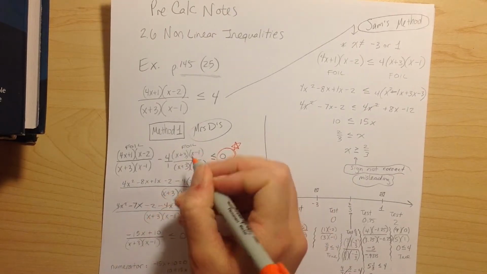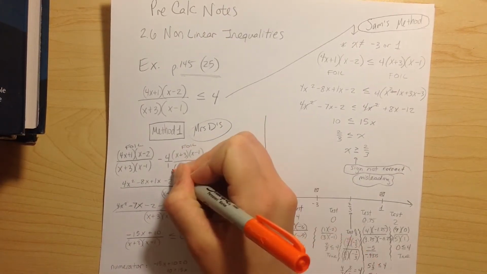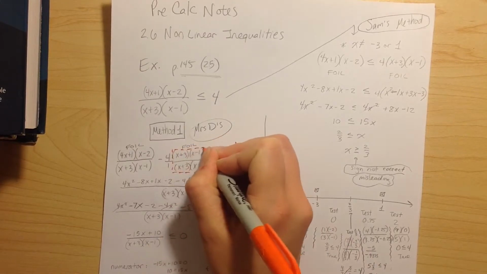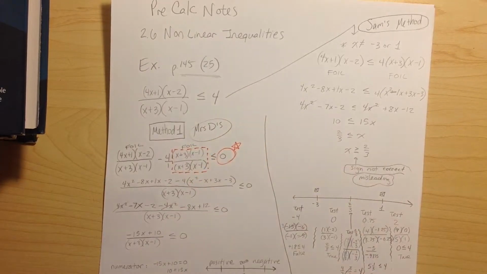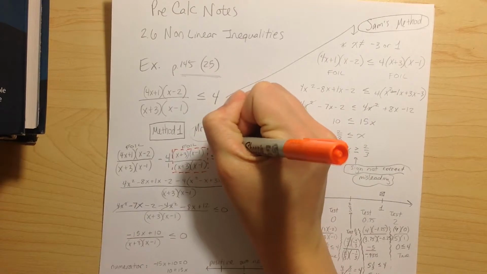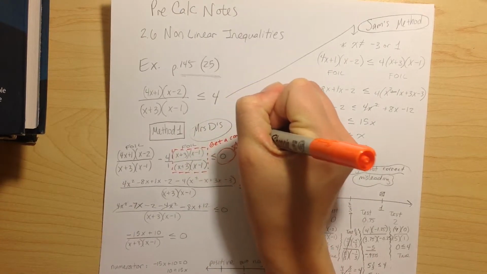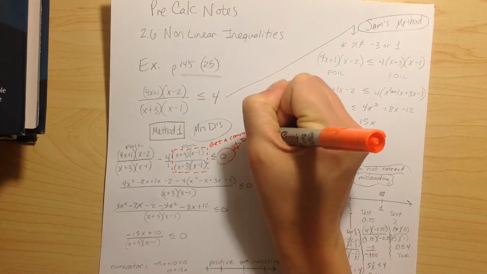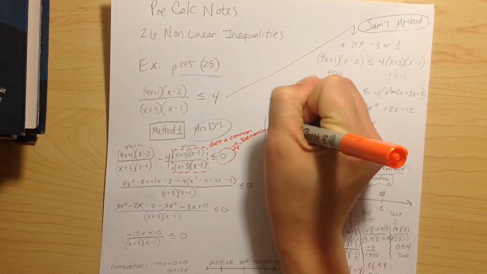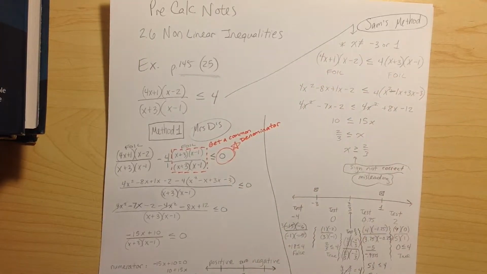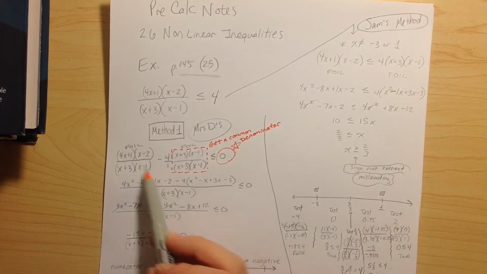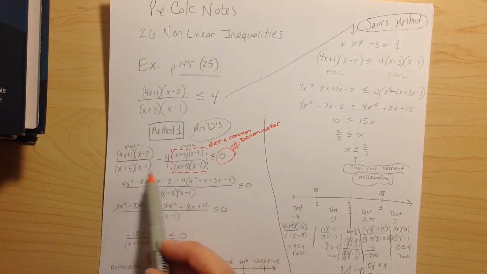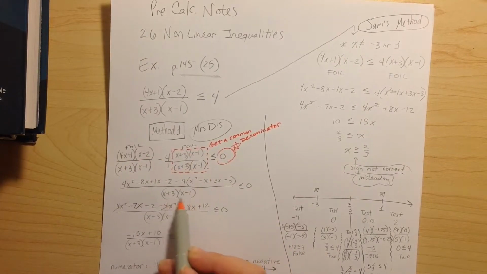So this little step right here is where we are forcing the common denominator. Once that's there, I can subtract in the top. I keep my denominator the same, x minus 1 and x plus 3.